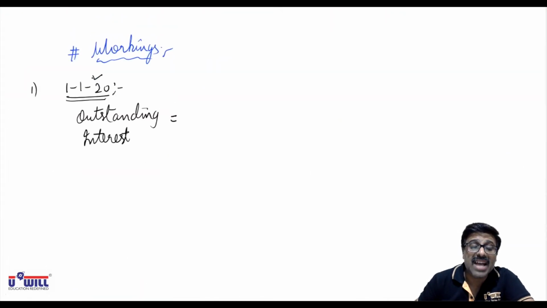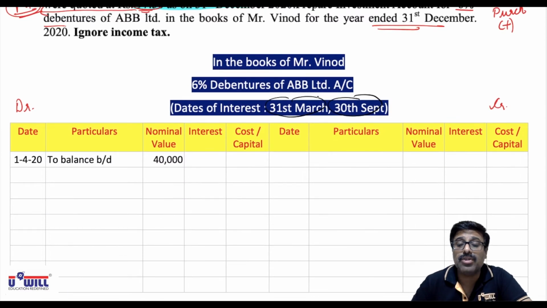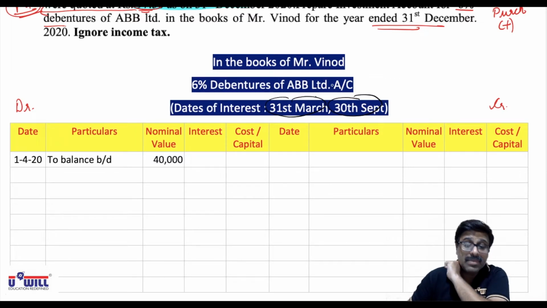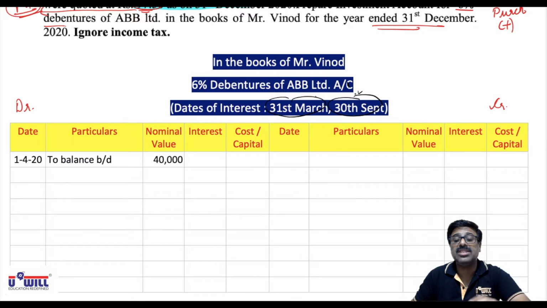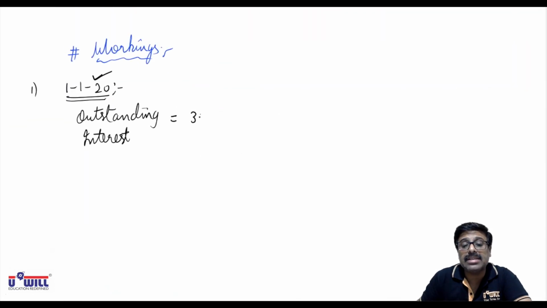Before 1st January, when would the last interest have been received? 31st March or 30th September? 30th September. 31st March will come after 1st January. So before 1st January, last interest would have been received on 30th September 2019. And we are now having opening balance on 1st January 2020.